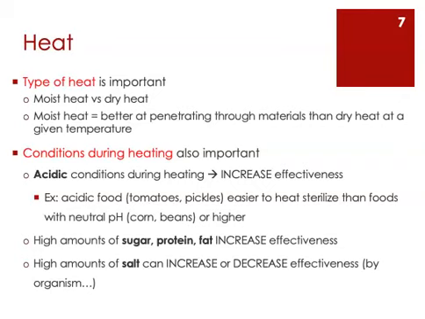The heat is going to be more effective more readily when you are working with an acidic food than when you're working with a neutral pH food. So things like tomatoes and pickles and other very sour types of foods, because of their acidity, the heat that is applied to them is more effective. In other words, both the heat and the acid conditions are working against the microbes.